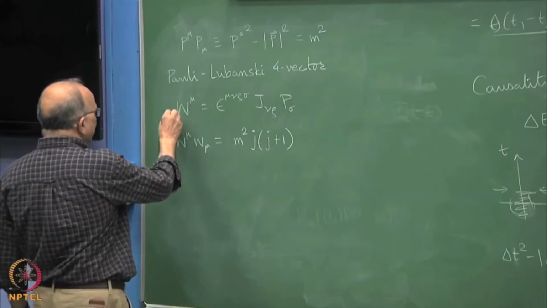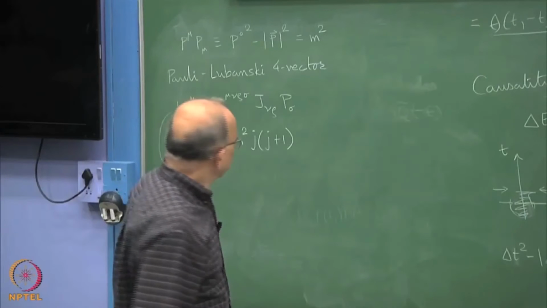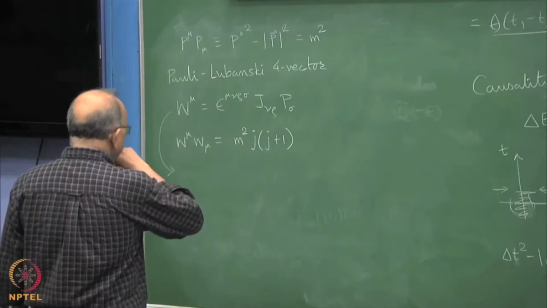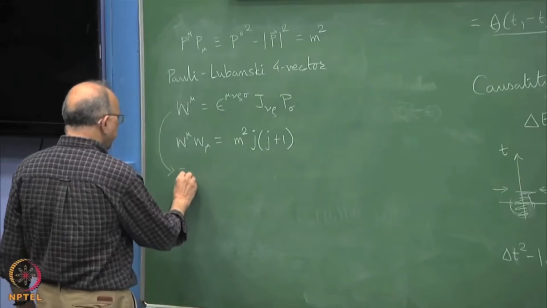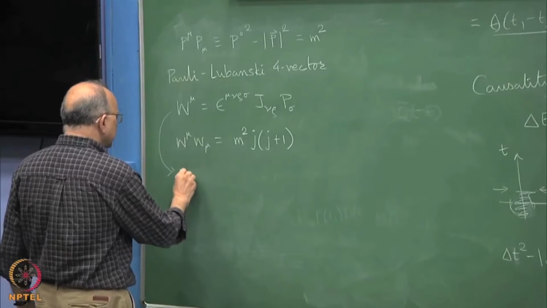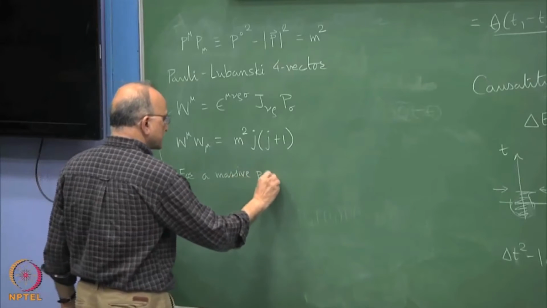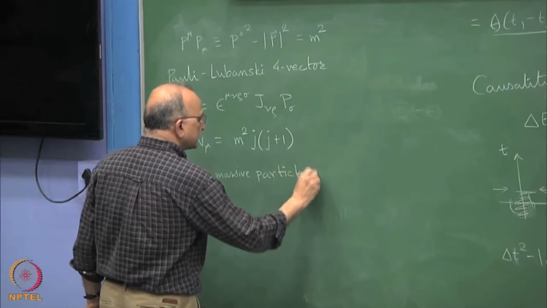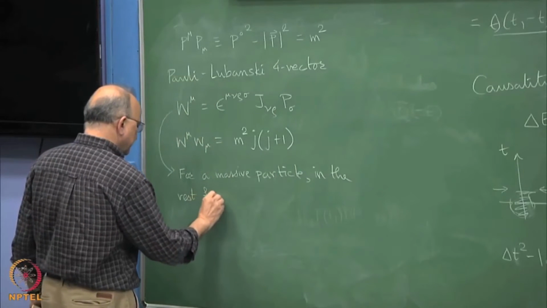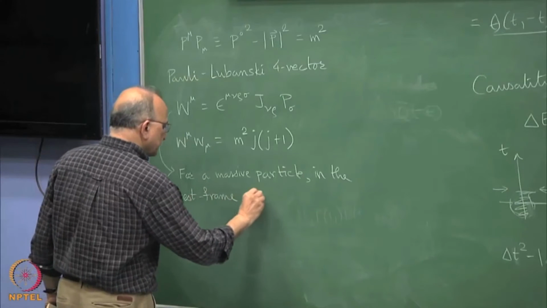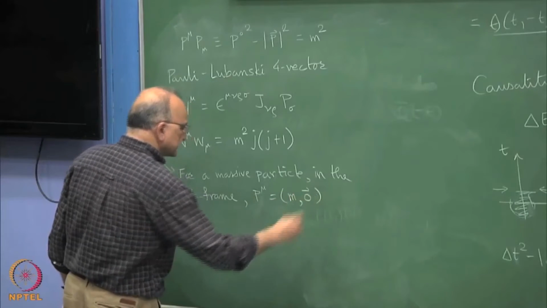Just to explain quickly what this W mu is, a really mysterious thing, and you may wonder how they thought up of it. The point is, if you look at it in the particle's own frame of reference, so for a massive particle at least, in the rest frame, P mu is equal to m, 0, 0, 0, right, m and a 0 vector.